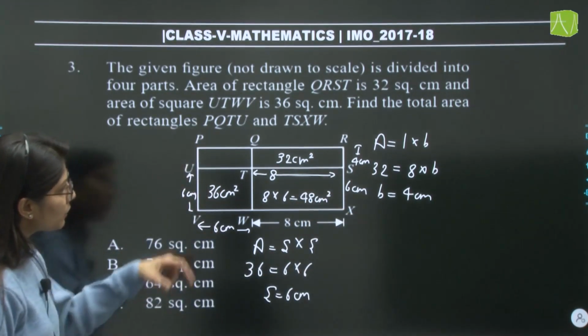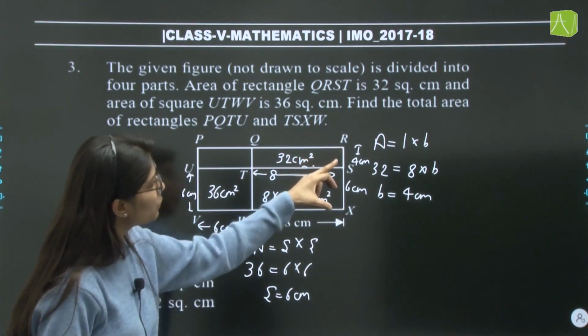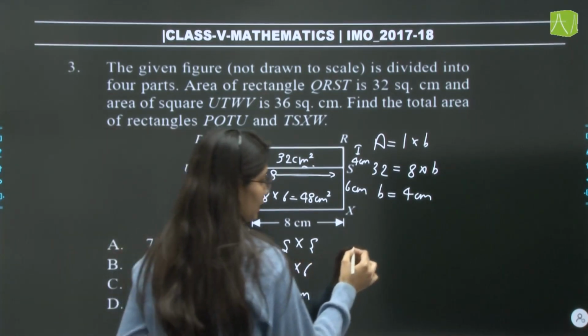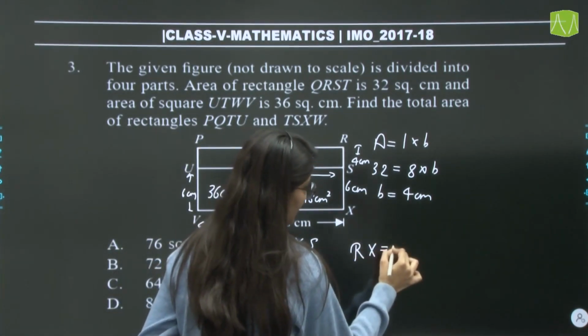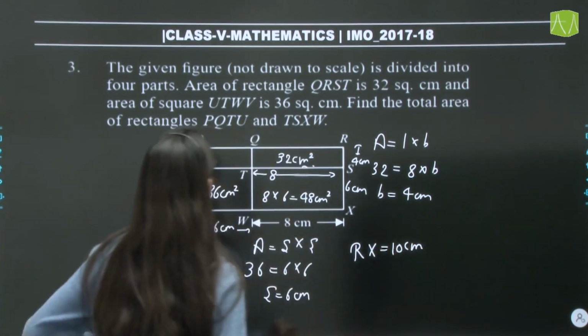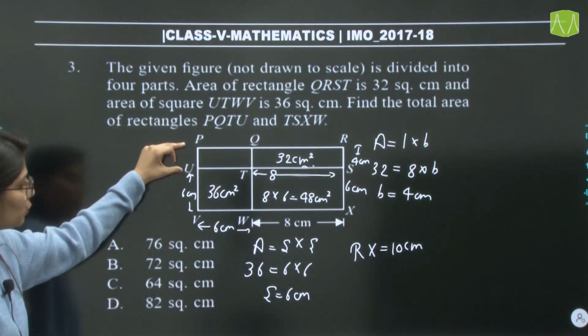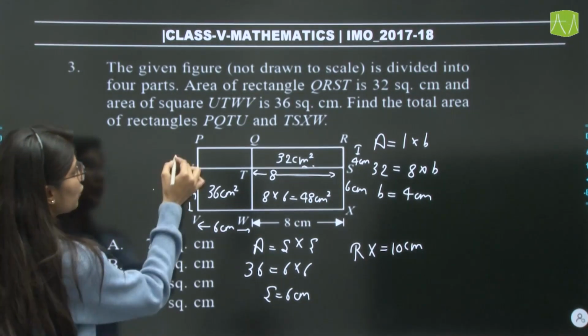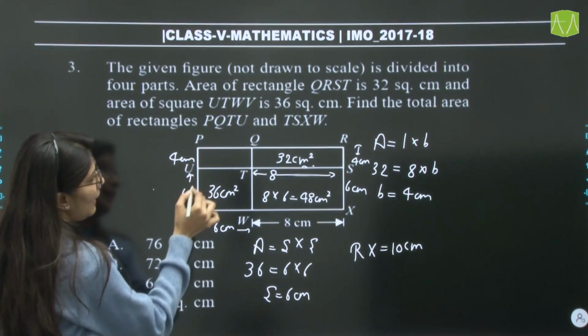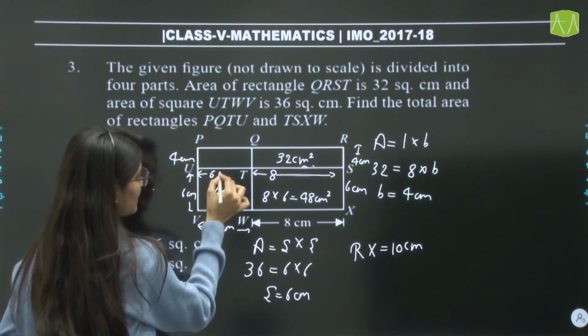And now you can find out the length of this RX is 4 plus 6, 10 centimeter. So RX is equal to 10 centimeter. From here we can find out this PU. 10 minus 6, this is also 4 centimeter. And UT is 6 centimeter.